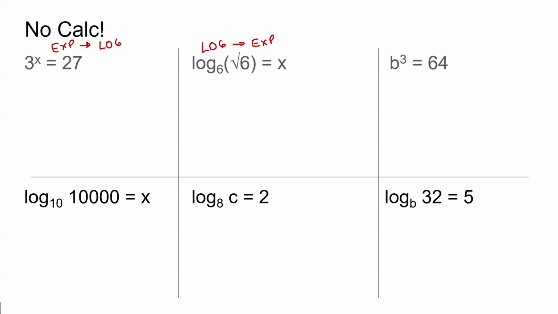There are other tricks we're going to learn here eventually, but let's try that. Let's go to a log form on this thing. What I'd have to do is say log base 3 of 27 equals x. So we've got that. Okay. Well, maybe we can't really see our way through what that means.